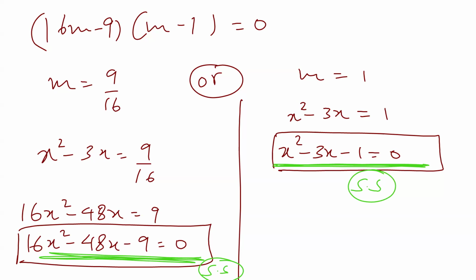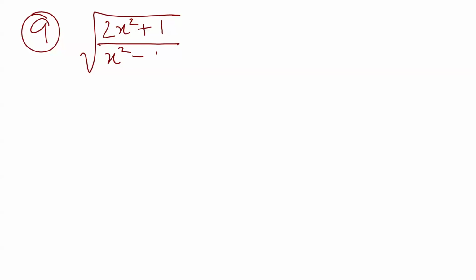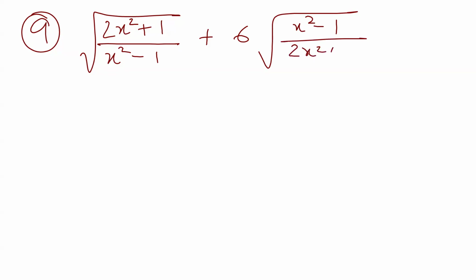Okay, let's go to question number 9. It should have been numbered as 8, but then it is 9 over there. Page number 3. So let's give the same number, that is 9. Root of 2x square plus 1 upon x square minus 1, plus 6 root of x square minus 1 upon 2x square plus 1, equal to 5.